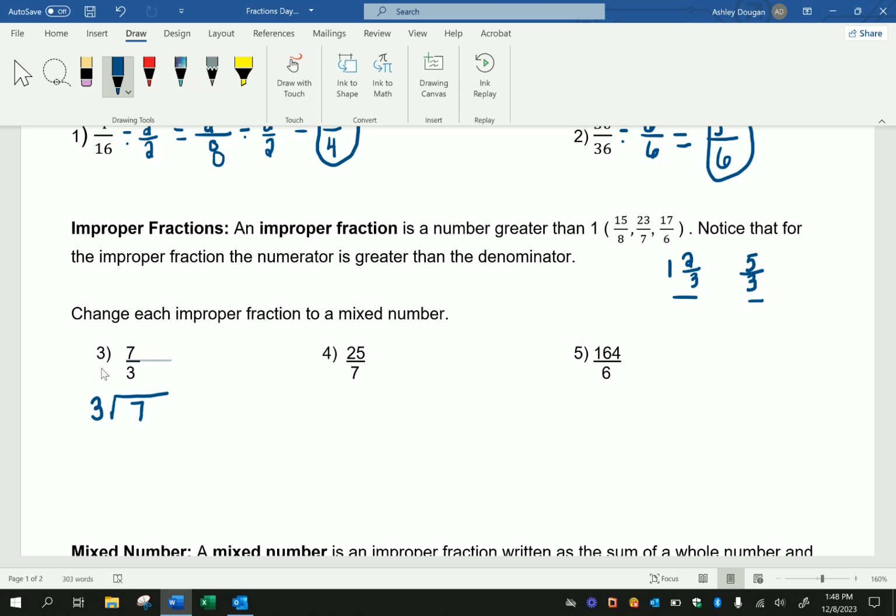The top number goes underneath the division symbol. So we're always going to start out writing it like this. And then we're going to say, how many times will 3 go into 7? And it will go into 7 twice. Then we're going to multiply these two numbers together and write it here. 3 times 2 is 6. And we subtract and get 1.